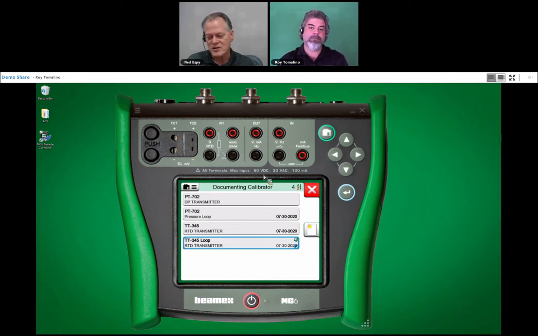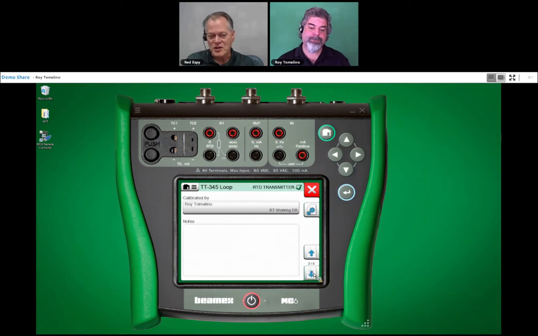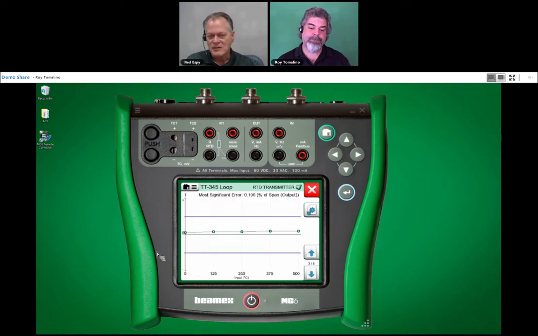So doing a loop test can take more time, but if you saw those kind of numbers using a dry block, what you just documented, nobody's going to argue that you're not making a good measurement. You're within half a degree of the process, and that's going to satisfy most any control engineer.